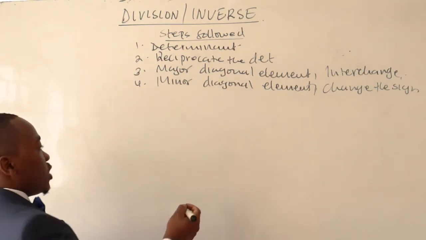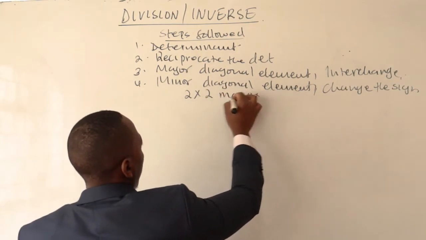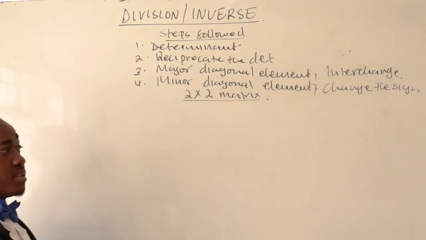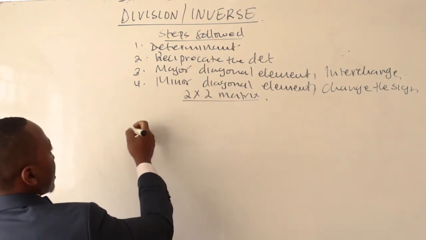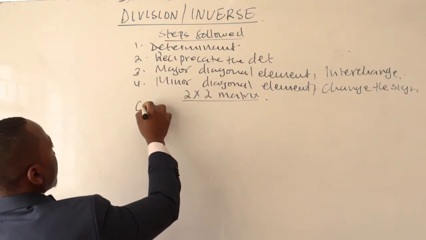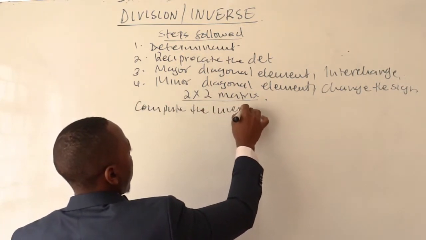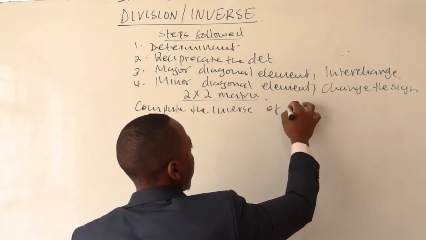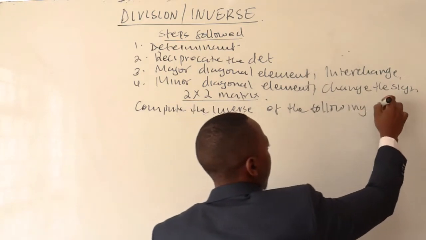So let's start with the 2 by 2 matrix. How do we get the inverse of a 2 by 2 matrix? Assuming you are given a matrix like this, illustration 1, we are told to compute the inverse of the following matrix.